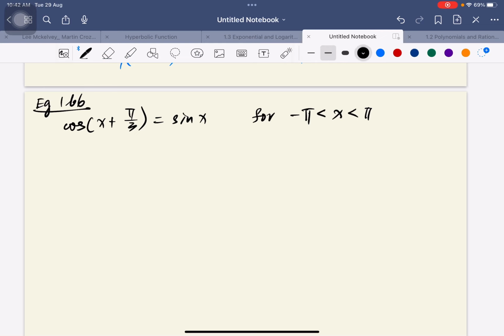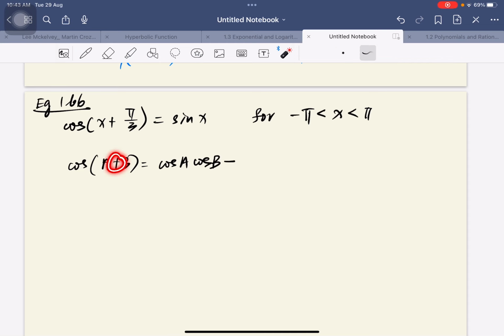So how are we going to make it in that way? First, what I see is, inside the angle there is something plus something. When there's something plus something, it's similar to the compound angle formula: cos(A + B) equals cos A cos B minus sin A sin B. You have to be careful with the negative sign here, because for cos plus it will be minus.